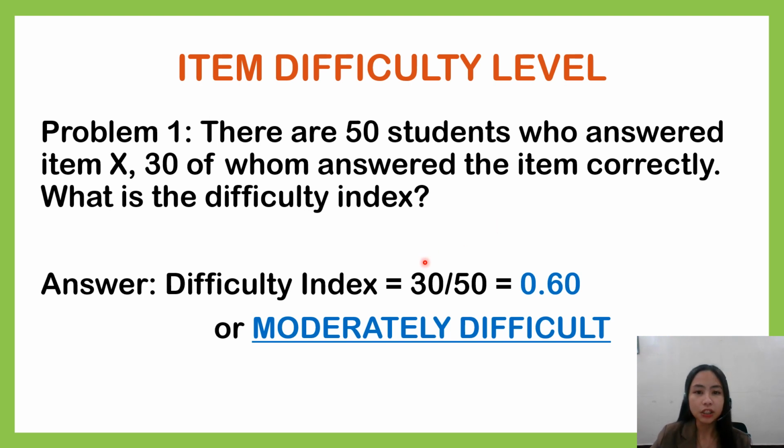So, 30 ang nakatama. Ilan ang total na estudyante? 50. So, 30 divided by 50 is equal to 0.60. So, kung babalikan natin yung table kanina, if you want to know the difficulty level, interpretation of 0.60 is moderately difficult. Yan lang yan.